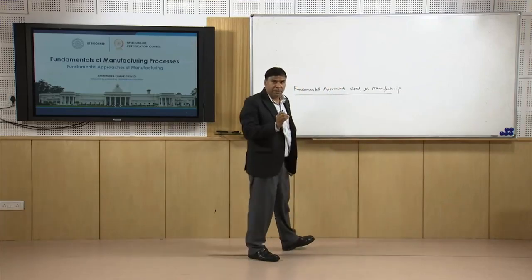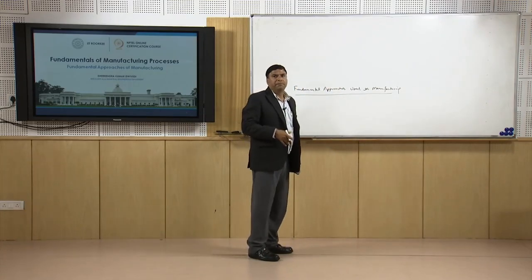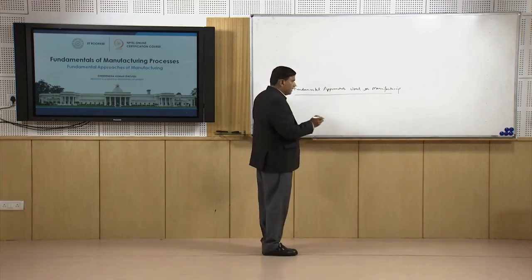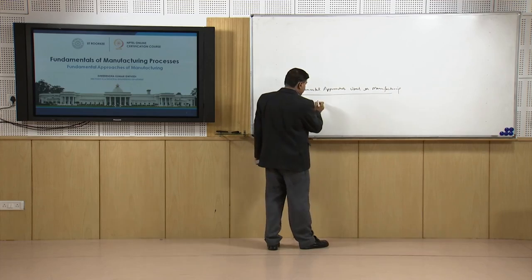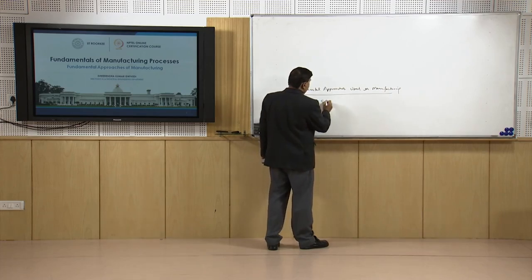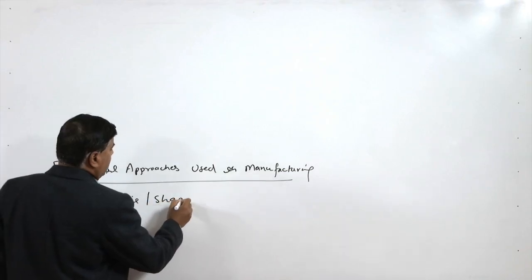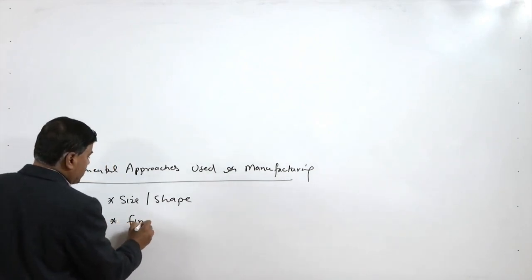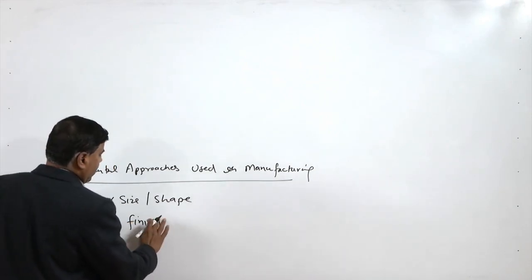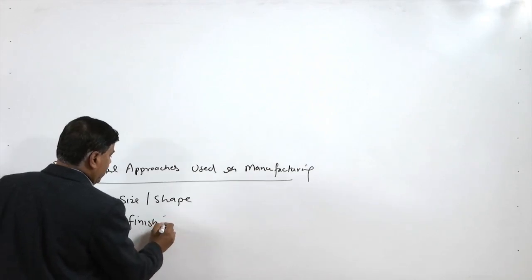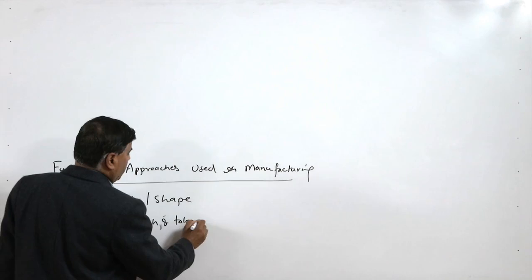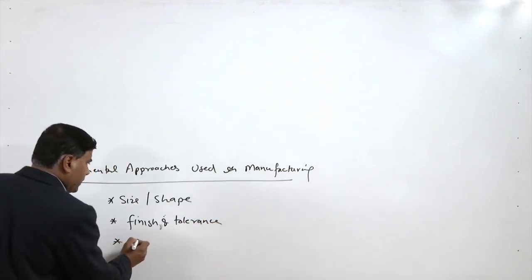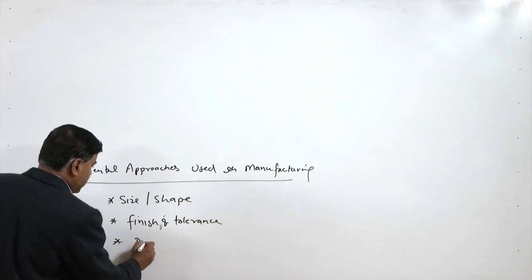We know that manufacturing is used for making goods and products which can be used by human beings, and for that purpose it is necessary that they are produced of the desired size and shape, with the desired finish, and close control of the tolerance, and with the desired properties.